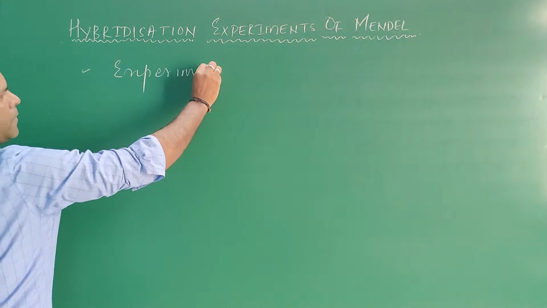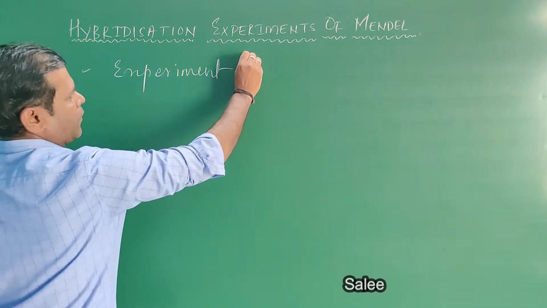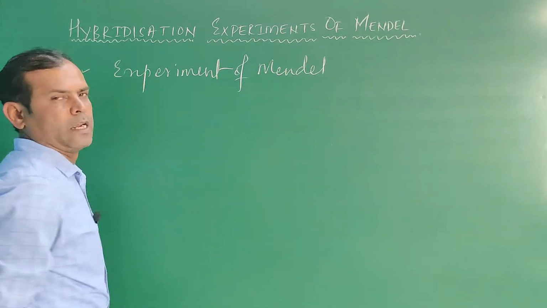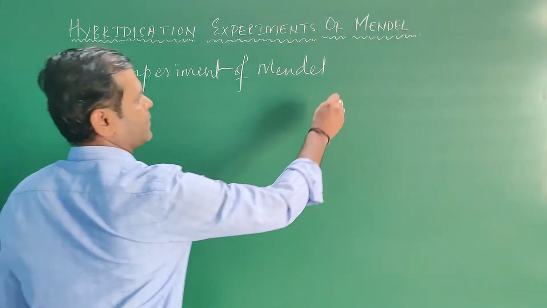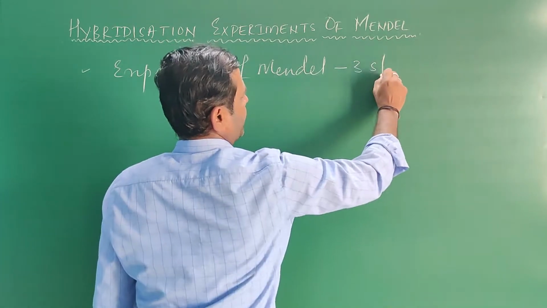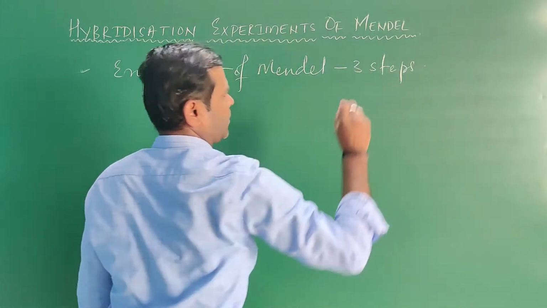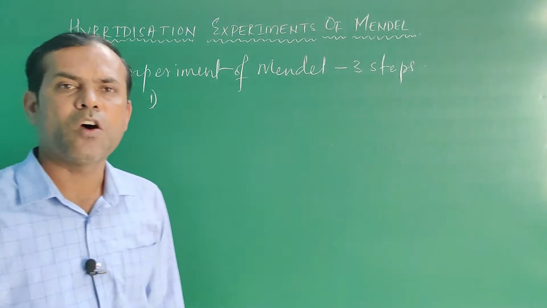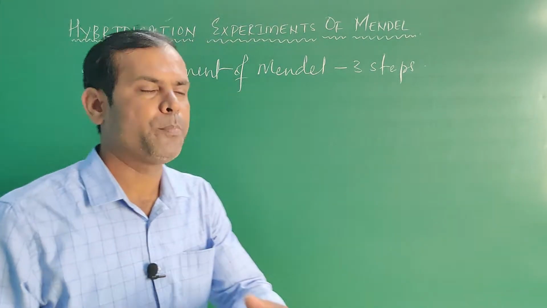The experiment of Mendel includes 3 steps. First, selection of pure line plants or parents.